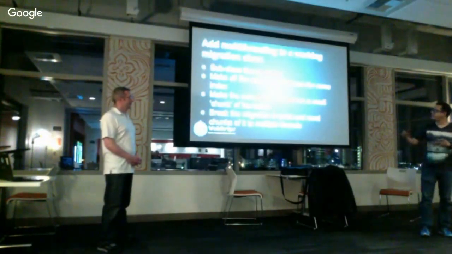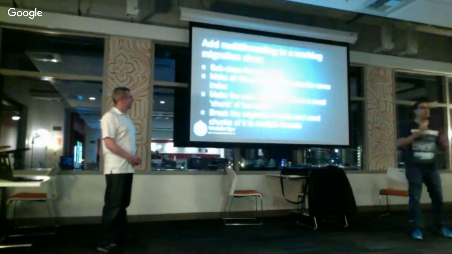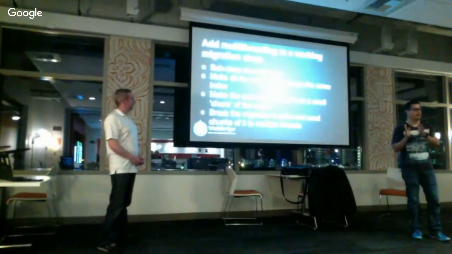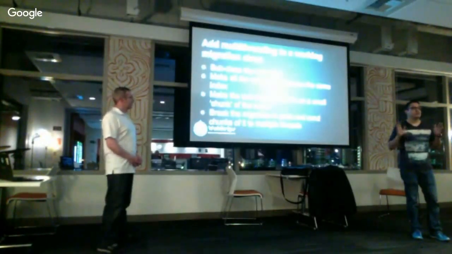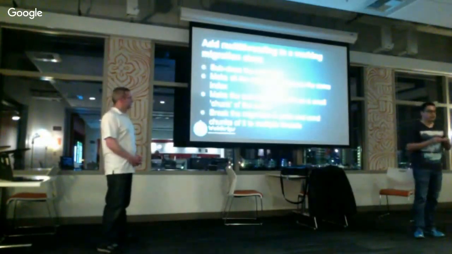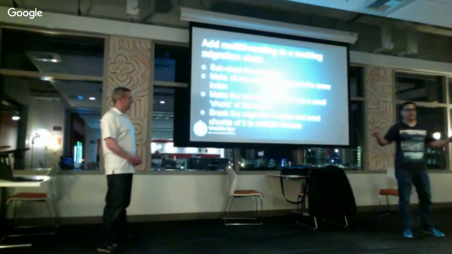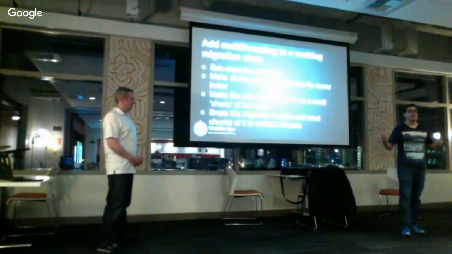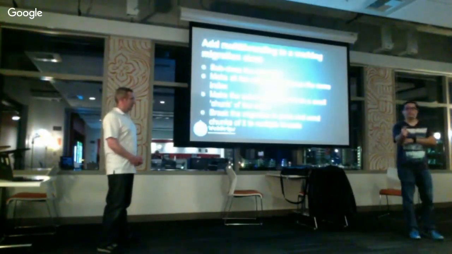We add this subclass, and we modify that class to make it use a very specific index for that migration. What we're going to do is create multiple subclasses of that migration and run them at the same time, pointing to the same index.